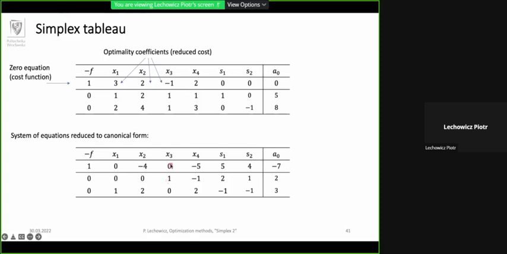So we are making a pivot, for example, on the third row. So these are our first basic variable, and on the first row, first column, third column, and first column. So this is our second basic variable. After making a pivot, we are reducing a system of equations to the canonical form.